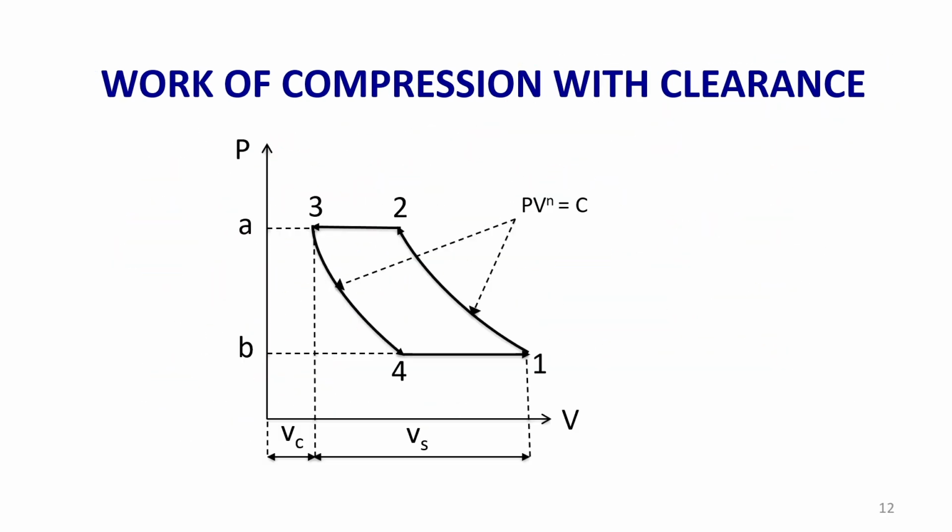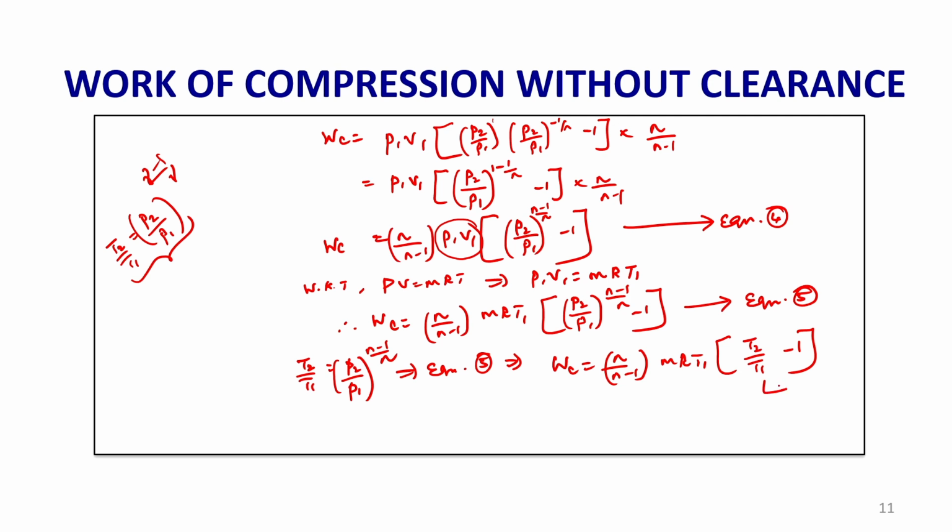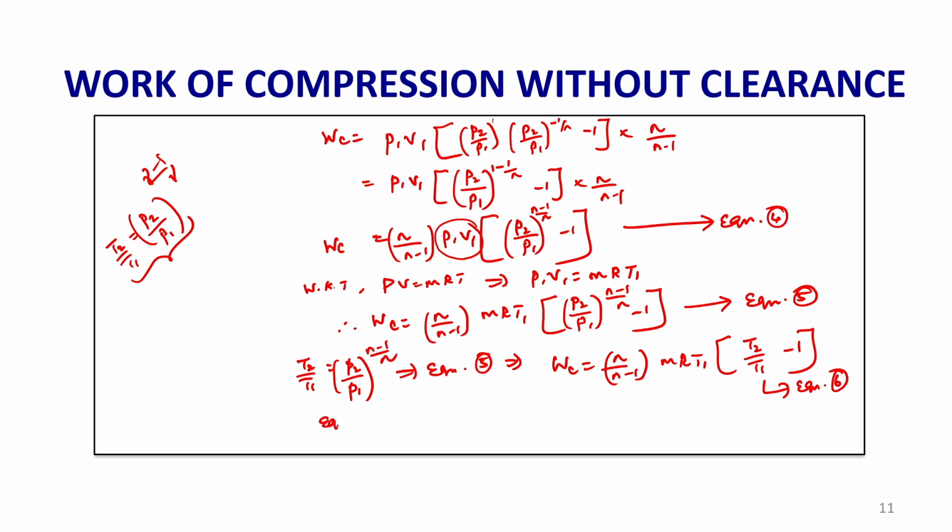Equations 4, 5 and 6 are various forms of work of compression for a reciprocating air compressor whose clearance volume is 0, that is without clearance volume. So, that brings us to the completion of this derivation.